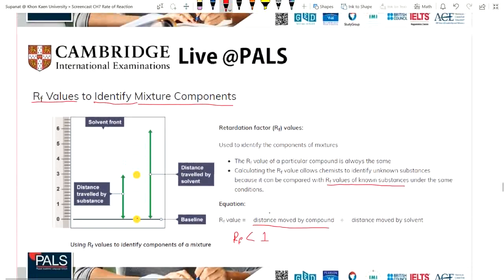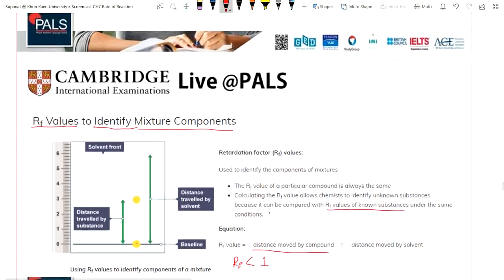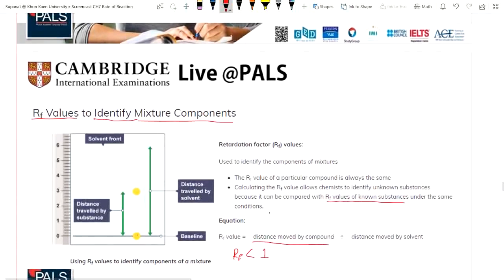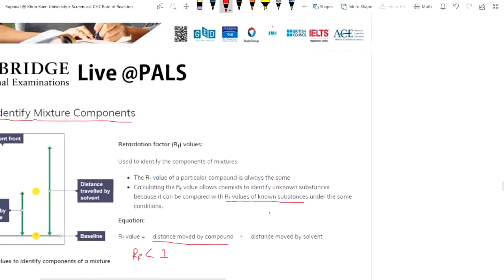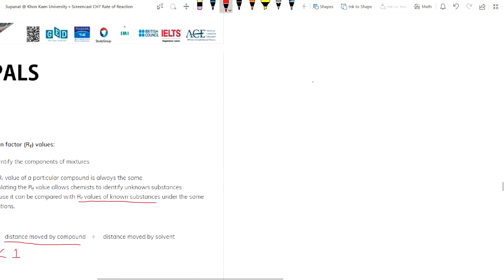This is chapter 2. In chapter 2, we can distinguish mixture and compound, and what else?